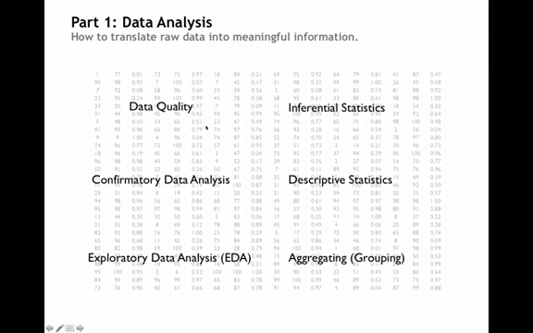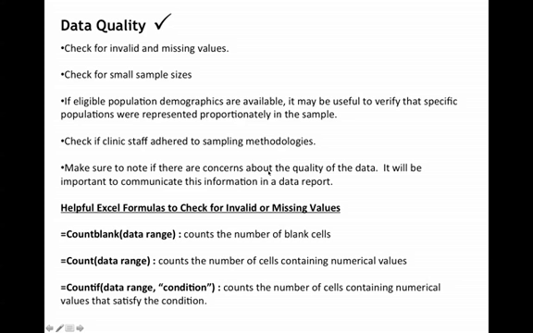We'll touch very briefly on data quality, inferential statistics, confirmatory data analysis, and descriptive statistics. Right now there will be another module that goes over the more technical details about descriptive statistics. And perhaps in the future we will create more modules for each of these other topics like data quality, inferential statistics, and confirmatory data analysis. So let's jump right into it.